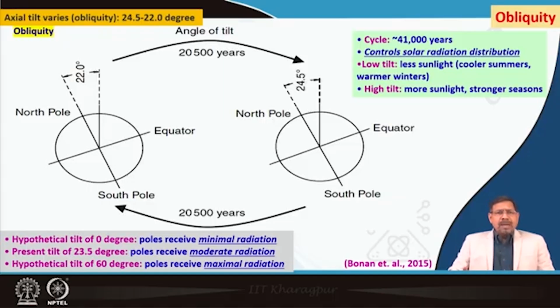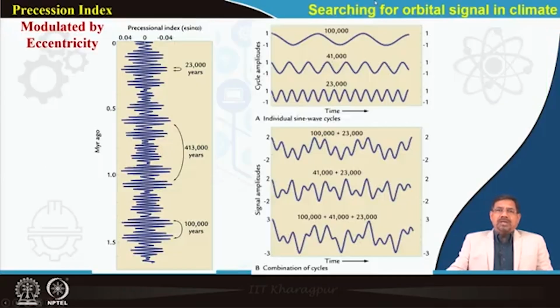For a hypothetical tilt of 0 degrees, the poles receive minimal radiation, but the present tilt is 23.5, and the poles receive moderate radiation. As in this figure we are discussing, it varies between 22.1 and 24.5 at an epoch of 41,000 years repeatability.